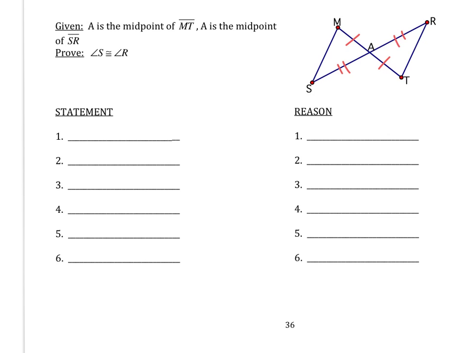So it's T and M. Not T and M, because they didn't give us parallel lines this time. So instead, we got to look for something else. R and S. MAS is congruent to RAT because of VAT. Vertical angles. Very good. Okay? So now why are the two triangles congruent? SAS.